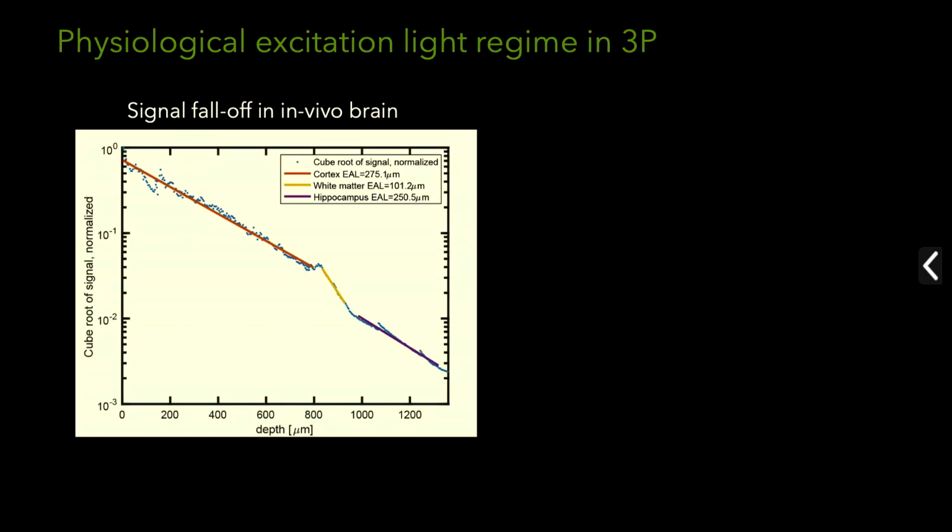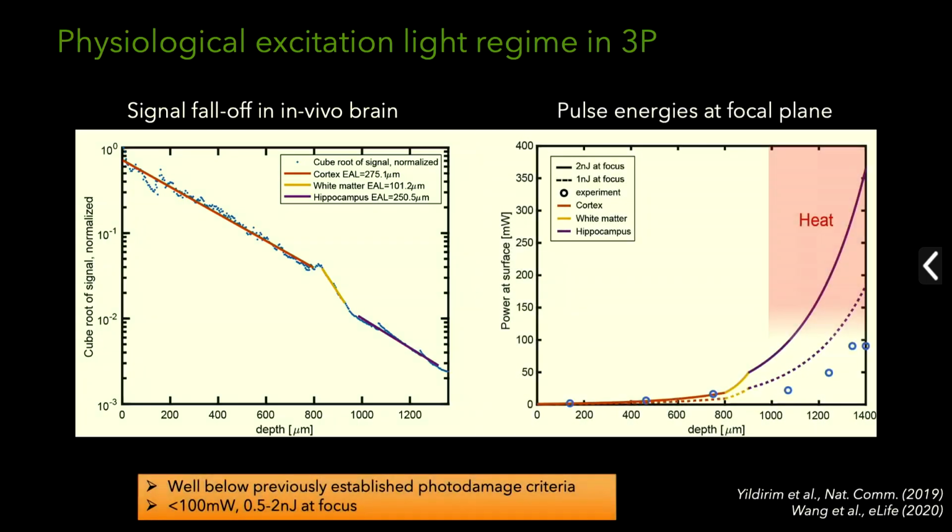So we fit these curves to the various brain regions. From these curves, we can then calculate what the exact pulse energies are at the focus at the various depths. And what you can take away from this graph is that our pulse energies at the focus all stay below commonly accepted thresholds that have been previously established in the field.